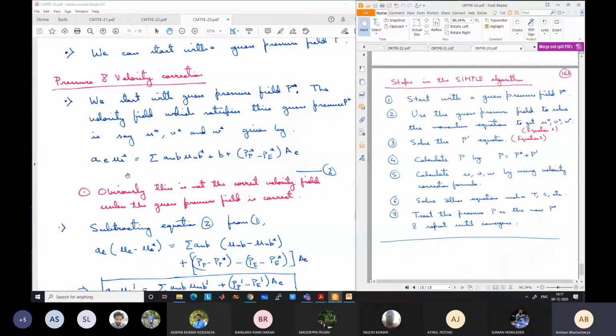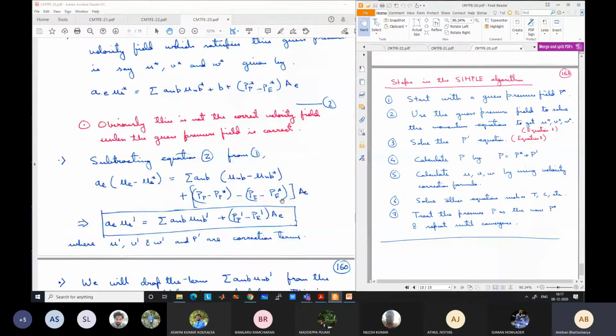So by solving this, we got some incorrect velocity, which we had written as U star, V star, and W star. Then we assumed that some correction term can be calculated, which when added to these incorrect velocities will give us the continuity and momentum satisfying velocity. These correction terms we called U dash, V dash, W dash, and P dash.